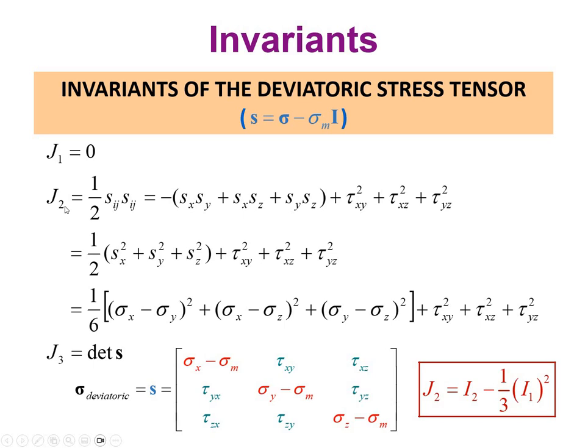There is an expression for the second invariant and the third invariant, the same expression as for the stress tensor, because the deviatoric stress tensor is just a stress tensor like any other. In here you have an expression of the second invariant of the deviatoric stress tensor in function of the first and second invariants of the stress tensor, because it's an expression we are going to use to define the failure in the three-dimensional space in future videos.